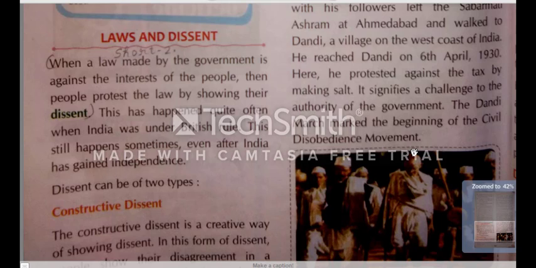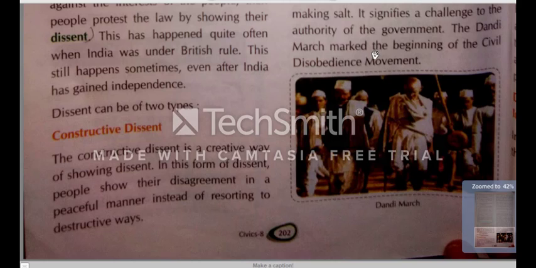Disobedience means आज्ञा का उल्लंघन करने वाला, अवज्ञा. It is called the civil disobedience movement. In the picture you can see Gandhiji with his followers. Now see the next page.